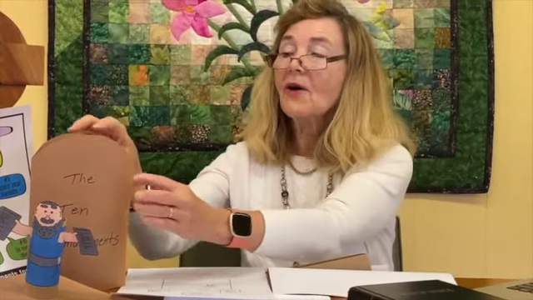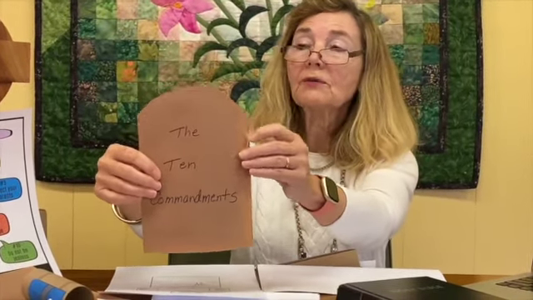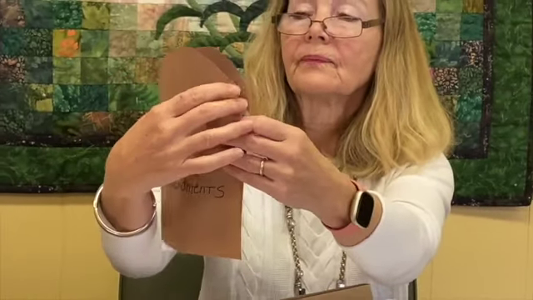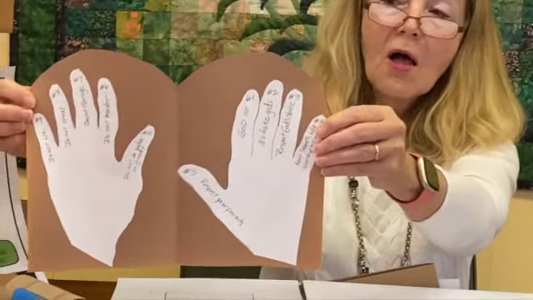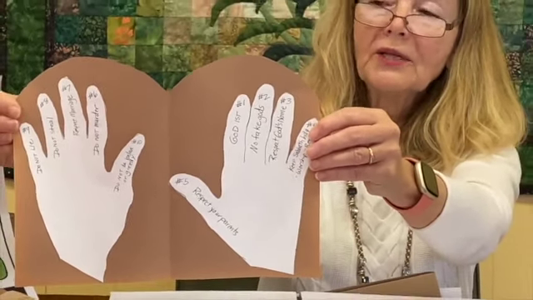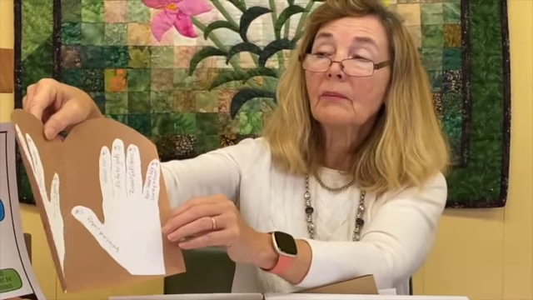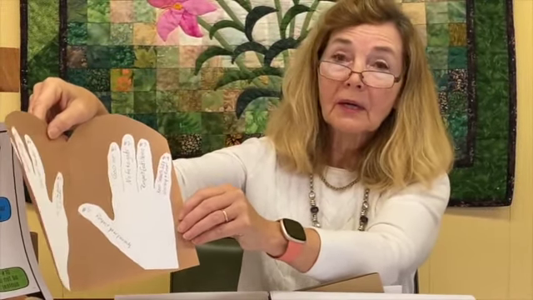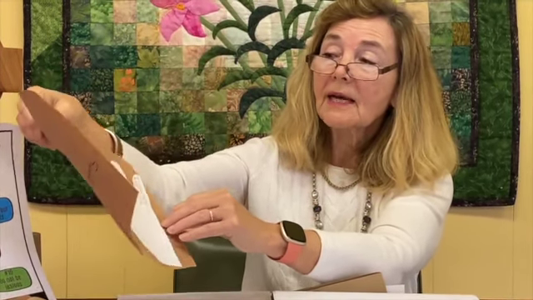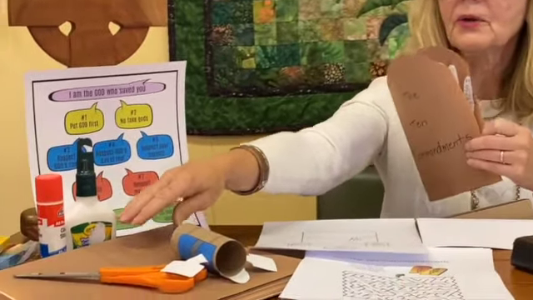So our second craft are the 2 stone tablets that make up the 10 Commandments. And they're all written here. So what you will need to do is to get some brown construction paper, some white paper, and you can see I've got some brown construction paper.